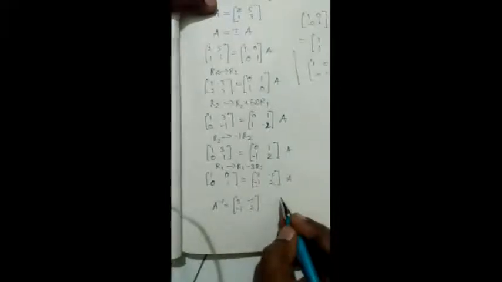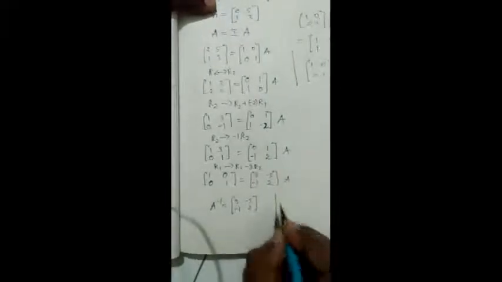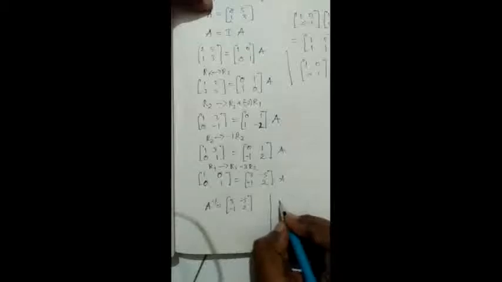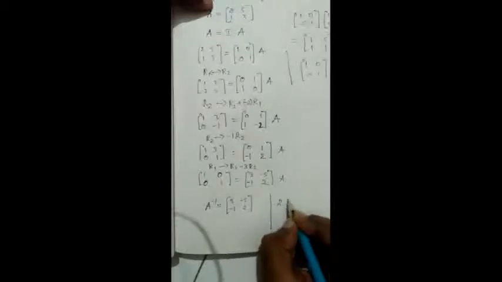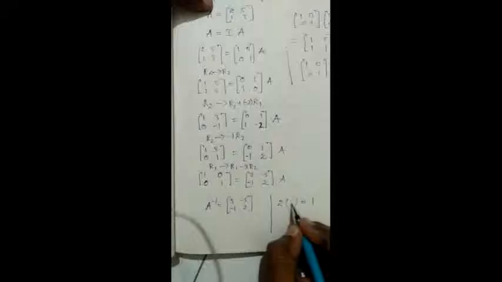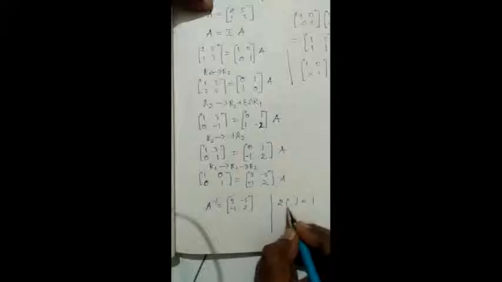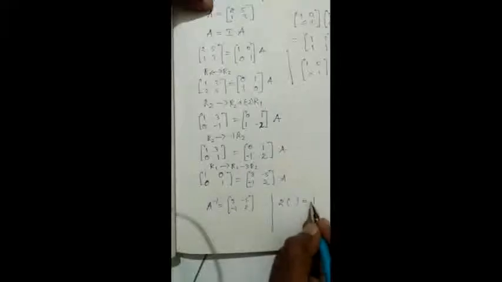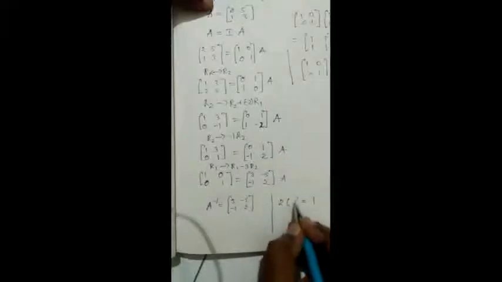Sir, how do you say it is the inverse of A? If you ask me, just imagine with numbers. For numbers, 2 into some number is equal to 1, what will you put here? I'm asking. That is 1 by 2, correct?